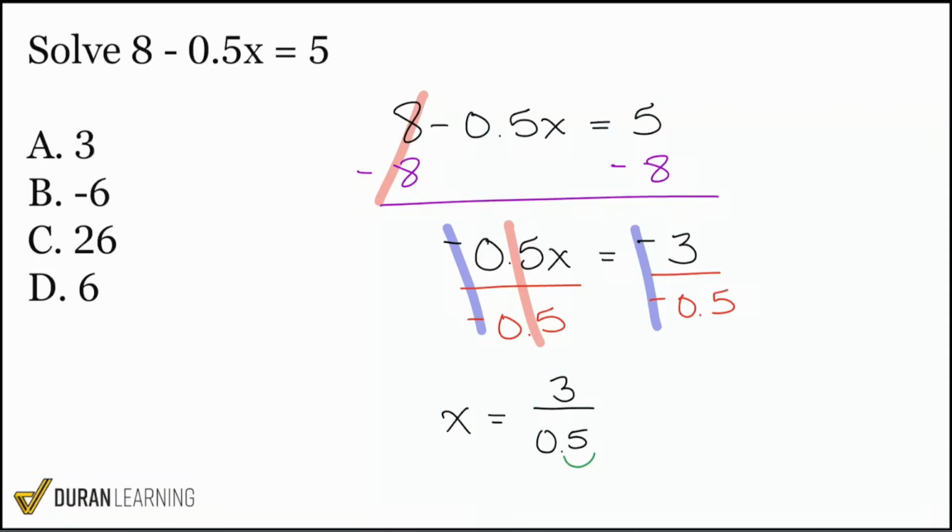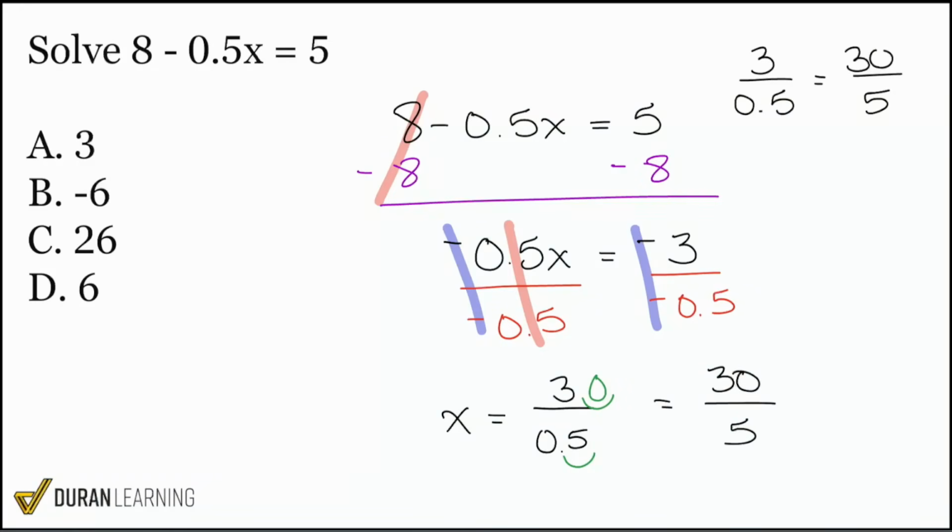And guess what? If we move the decimal to the right one time on the bottom, we'll do the same thing up top. And that's where that 0 is going to come into play, because we're going to have 30 divided by 5. One more time, 3 divided by 0.5 is the exact same thing as 30 divided by 5. It's the exact same thing.